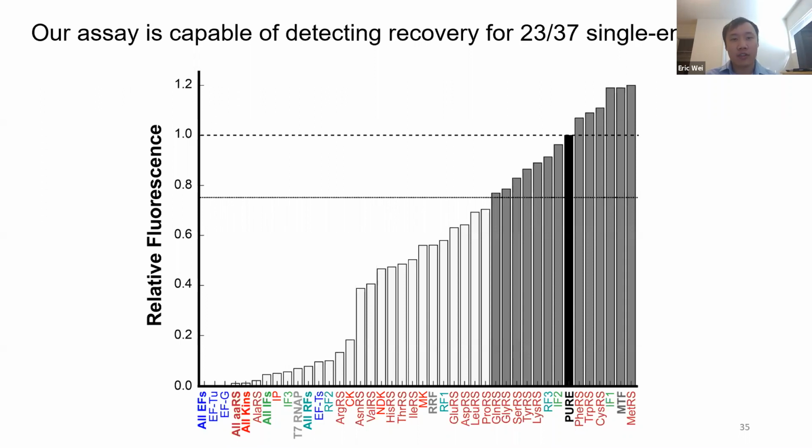And in order to use this assay, we decided that if we were able to get recovery from a dropout that was sufficient, that had 75% expression compared to the full PURE system, then we'd be comfortable saying that we were able to have full self-production.